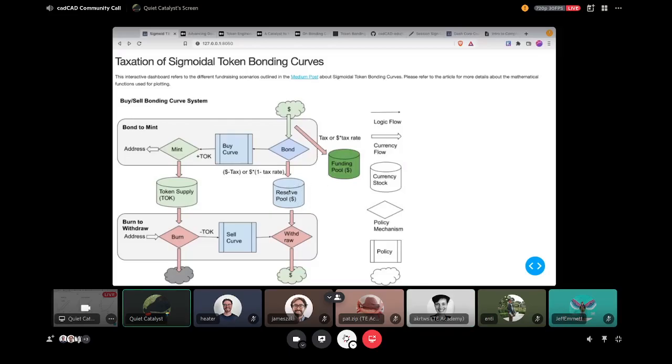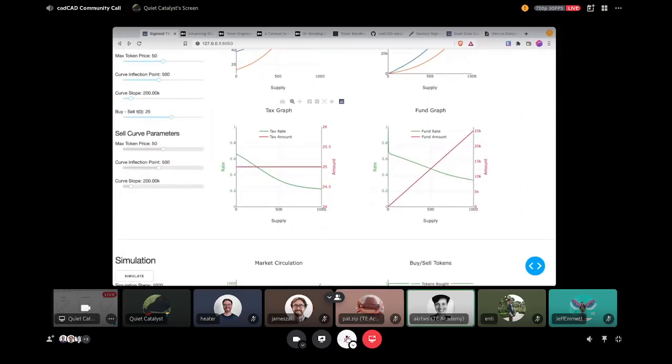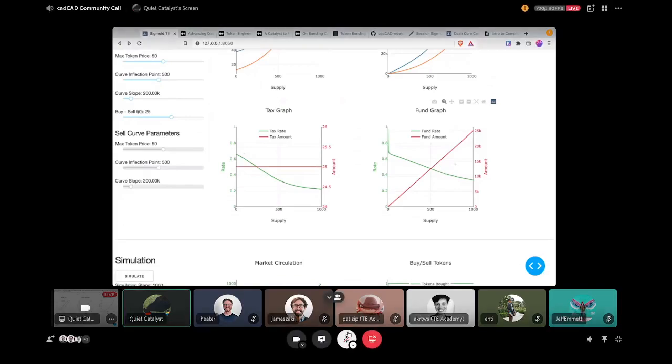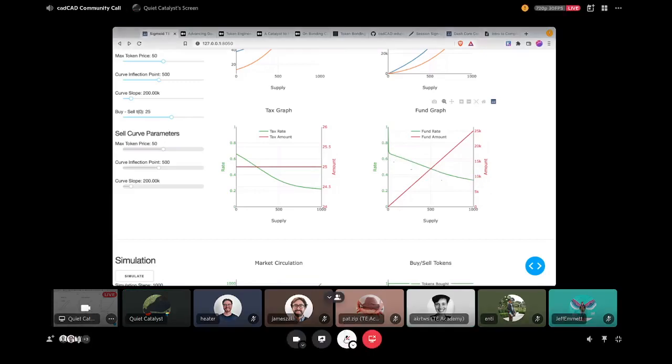And then what's left over goes to the reserve. Right. And the rate is the percentage. Correct. Yeah, this is the tax rate. Yep. And then on the fund graph, we're basically showing how that stock of funds fills related to the supply, and what the fill rate is as supply grows. Yeah. Okay. Got it. Makes sense.